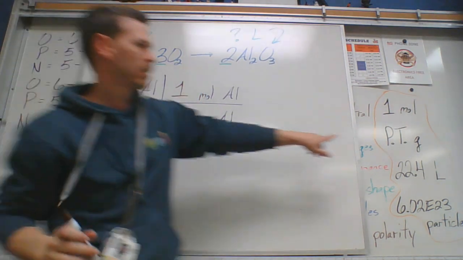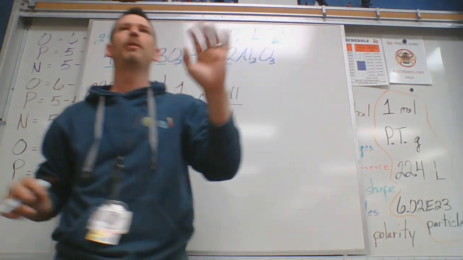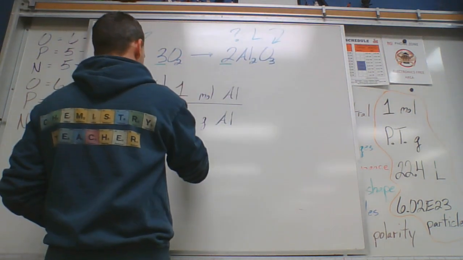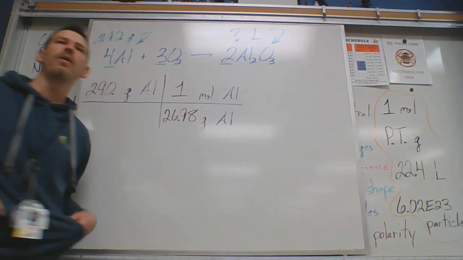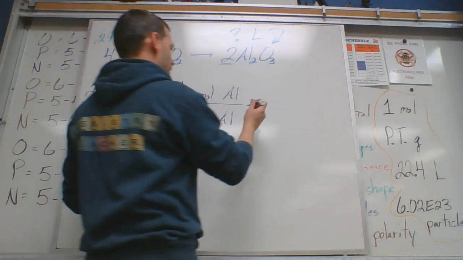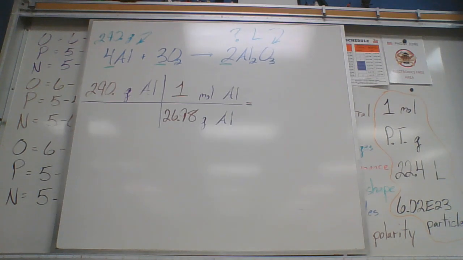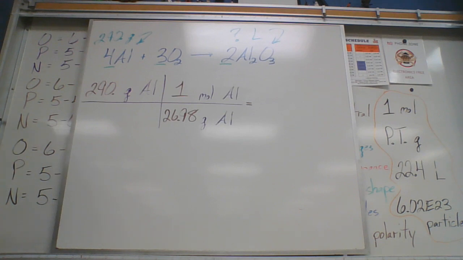For grams, I grab the periodic table. Just go look up aluminum. It's just Al, 1, right? You get 26.98. Make sure you know where that number comes from. Beat me to an answer.